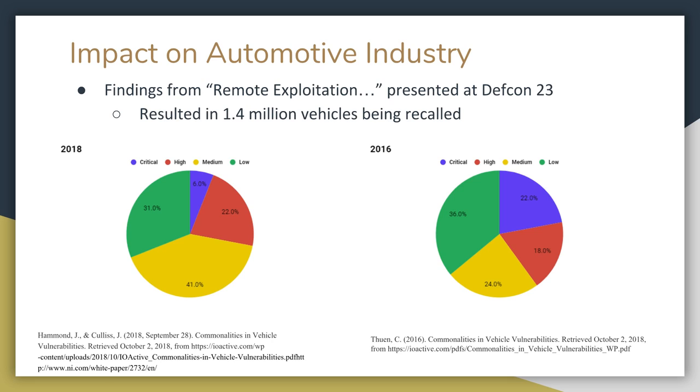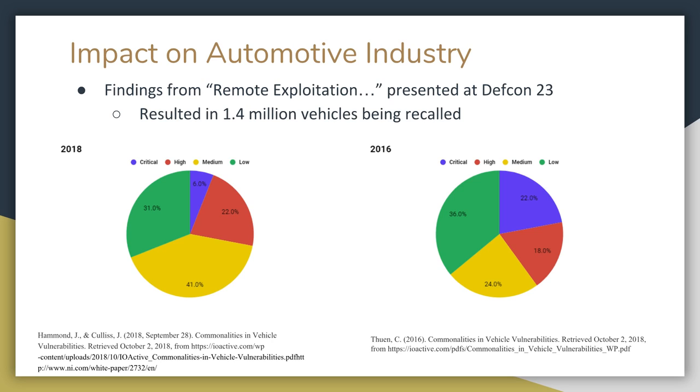And then next we can also look at these two pie charts. If you look at the one from 2016 on the right, you see that 22% of the vulnerabilities detected have an overall safety rating of critical, which is the worst and most potentially dangerous. Now fast forward to 2018, and that same section is down to 6%.